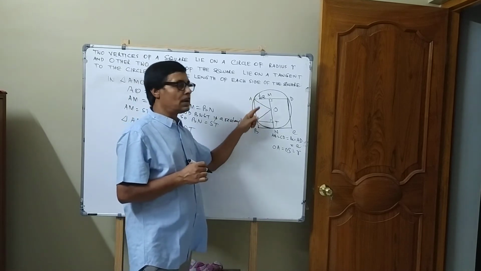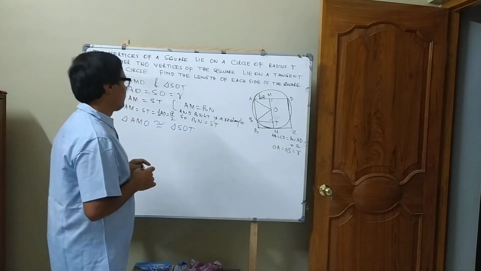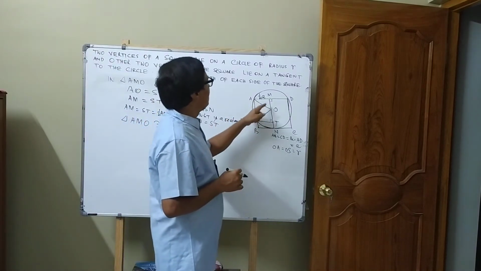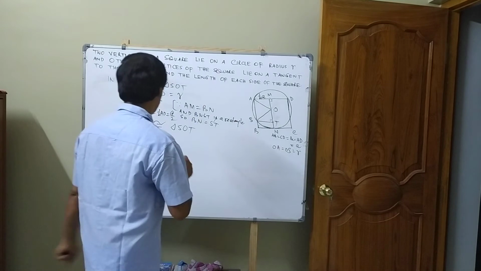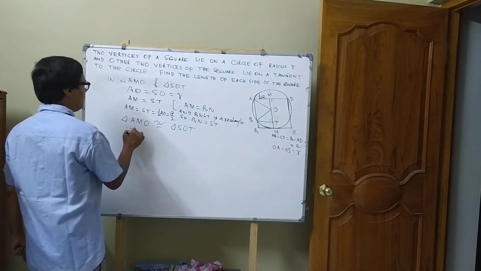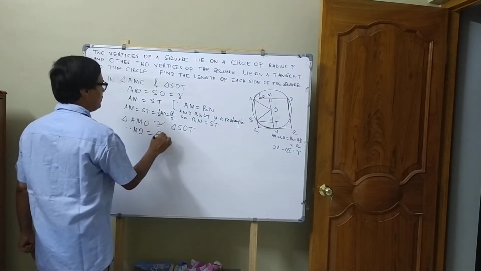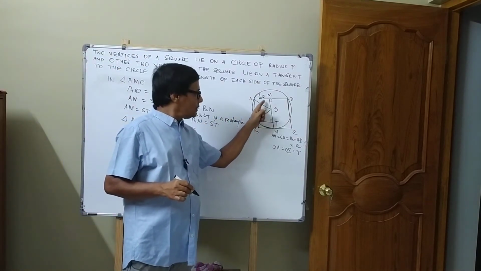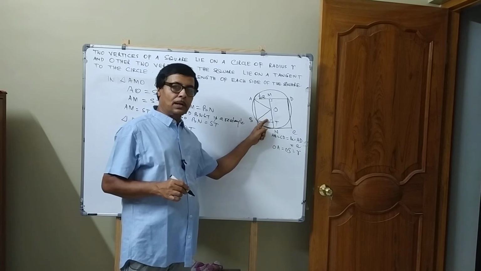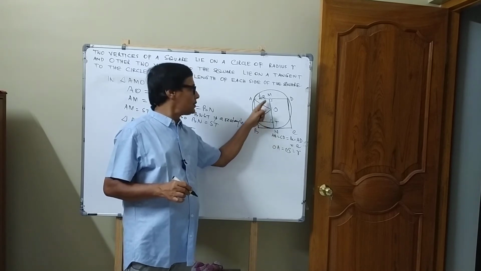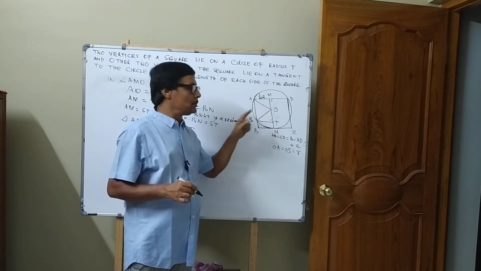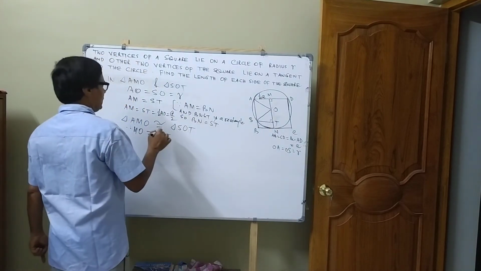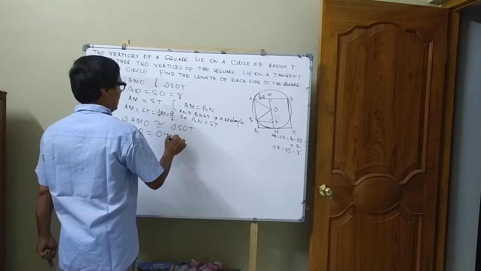As these two right angle triangles are congruent to each other, we can say that MO equal to OT. And also we can assume the length of MO and OT as x.